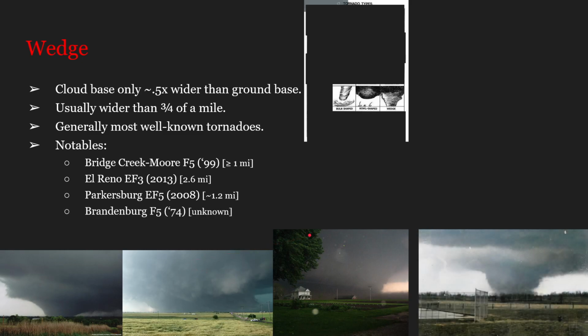Another F5 is the Brandenburg, Kentucky F5. This tornado is seen here as a wedge, and this is from the 74 super outbreak. This tornado was known to apparently vary in width by a fair bit, and back in 74, the average width was the measurement used instead of the true maximum width.